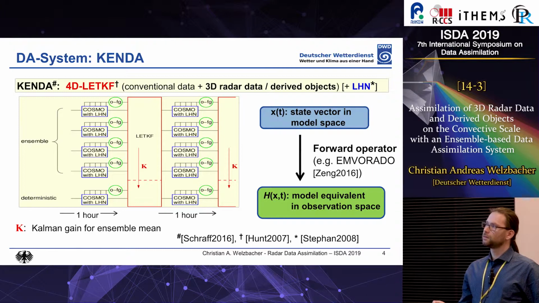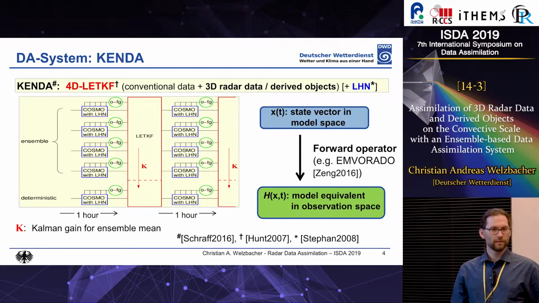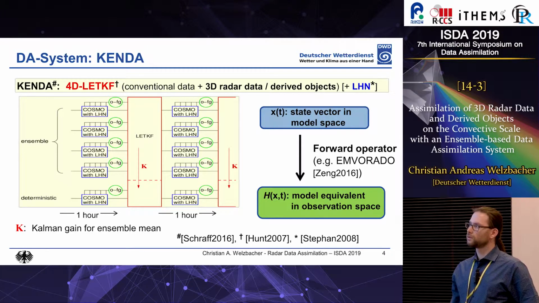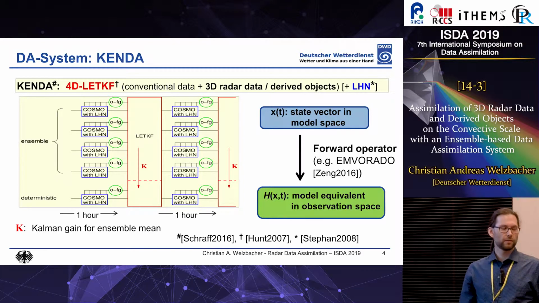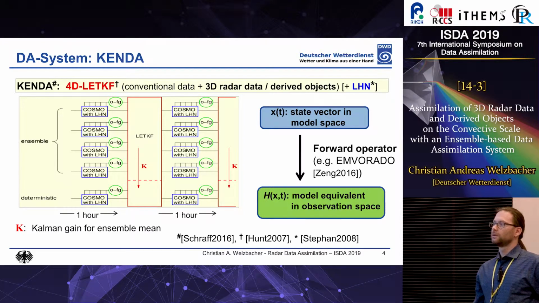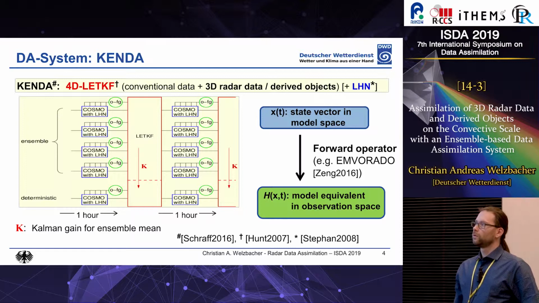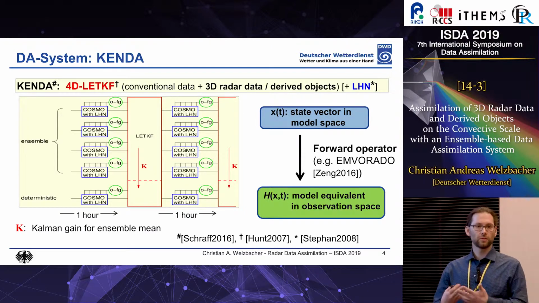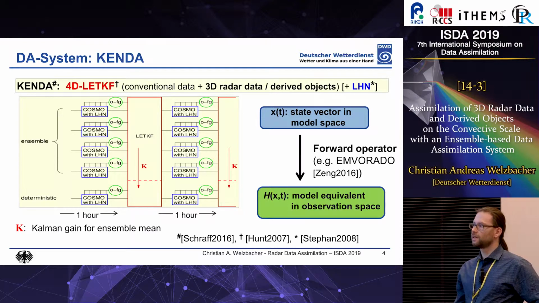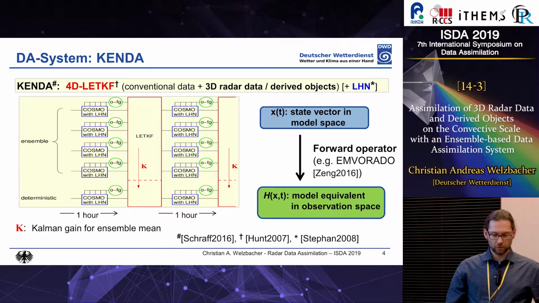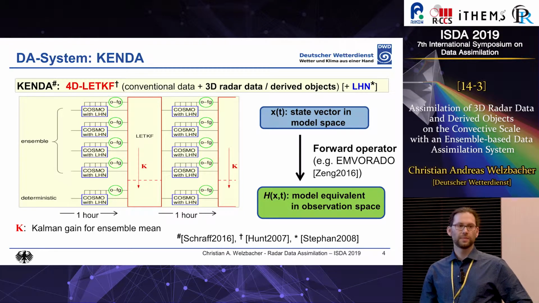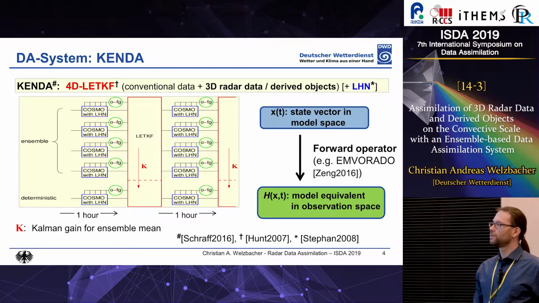These then serve as input into the LETKF to compute my analysis ensemble. Additionally, I have an independent deterministic control run, which gets information about how the ensemble changes via the Kalman gain. So in some sense, you assume that your deterministic control run behaves like the mean of the ensemble.